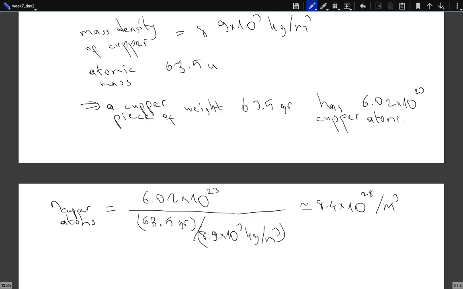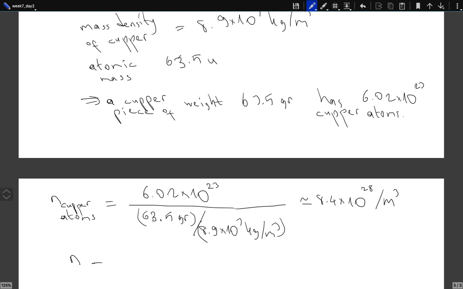But on average, you can assume that every copper atom contributes 1 electron to the free electrons that will create our current. So the number density will be equal to the number of copper atoms, which will be 8.4 times 10 to the power 28 electrons per meter cubed. So in every meter cubed, on average, we will have 8.4 times 10 to the power 28 electrons that are free to move to create the current.